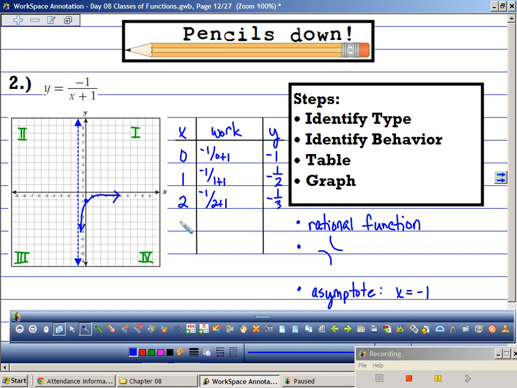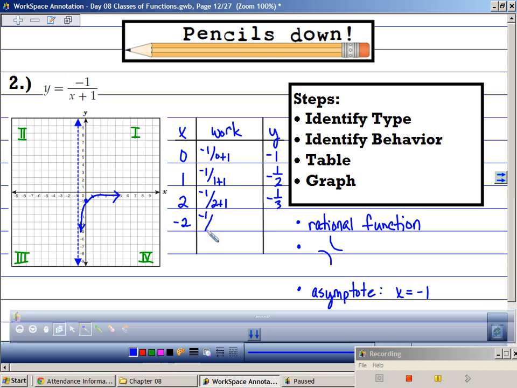Okay, so what do you want to plug in? -2. If I put in -2, what do I get? It's just 1. -2, 1. Don't need to go in between -1 and -2 because this is either going to go this way or this way, right? Okay, so now what? -3.